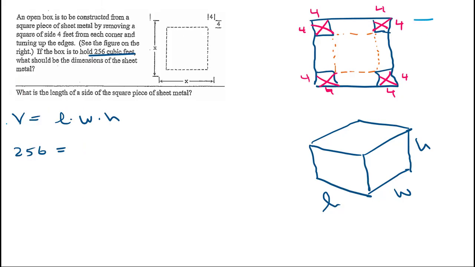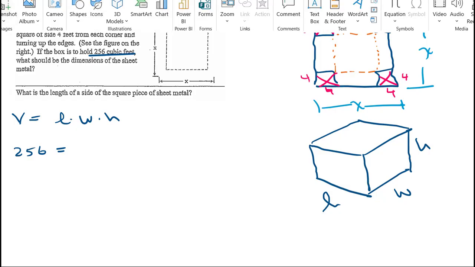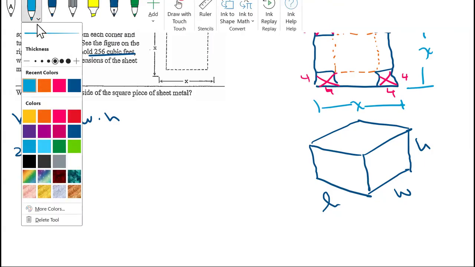It's X by X. I have no idea. But I can deduce it. What's going to be the edge here if these sides are 4 by 4? X minus 8, right?